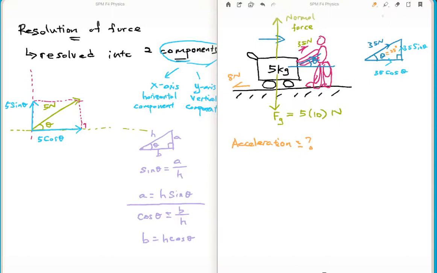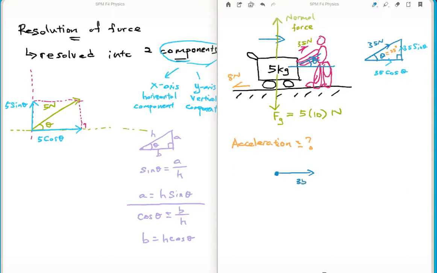So what we'll do now is called a free body diagram. The rule for the free body diagram is, first, you assume everything is a dot. This is the object that is moving, 5 kg, so it's represented by a dot, 5 kg. Now, first of all, you know that the horizontal component to the right, well, I don't know the magnitude yet; this is an arbitrary length.